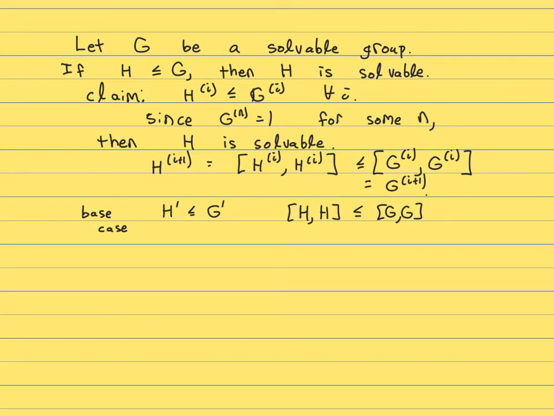Notice trying to prove this result using the original definition of solvability would be pretty hard. You'd have a normal series for G, whose pairwise quotients are abelian, and you'd have to be trying to find a normal series for H. And there is actually a way to do it, but it takes a lot of effort to actually prove that it works. Namely, what would you have to do?